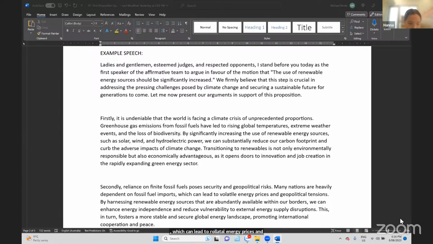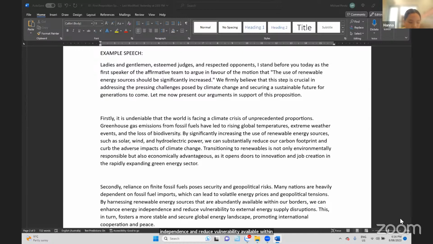By harnessing renewable energy sources that are abundantly available within our borders, we can enhance energy independence and reduce vulnerability to external energy supply disruptions.